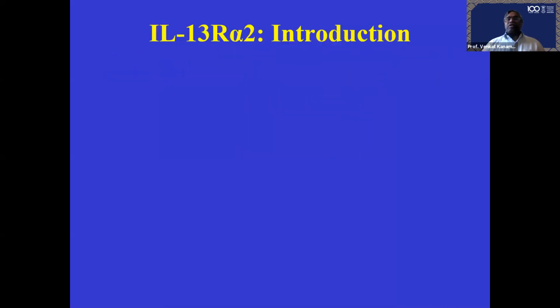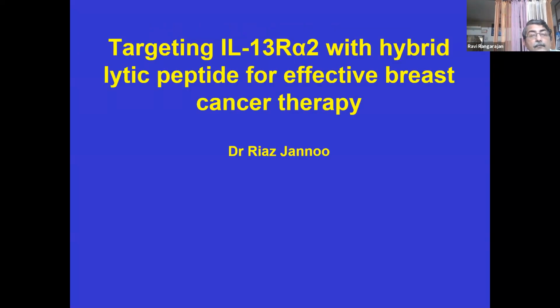So the second part I'm going to talk about is the targeting of cancer. Very often the major problem with cancer is the treatment, because with chemotherapy, the drugs we use cannot differentiate between actively multiplying normal cells and cancer cells.